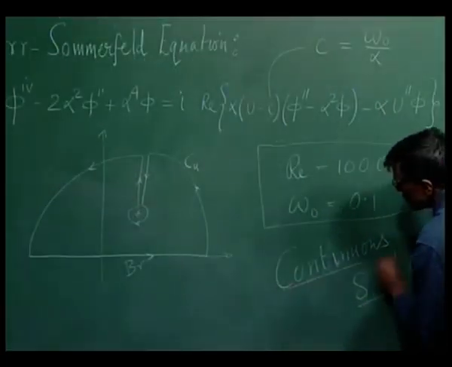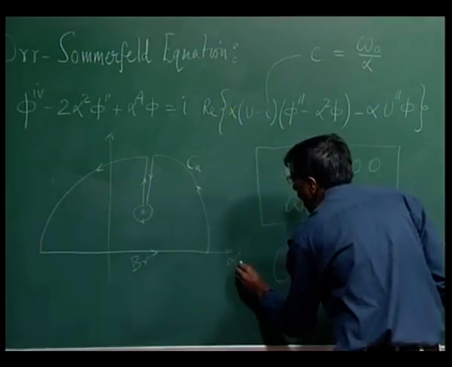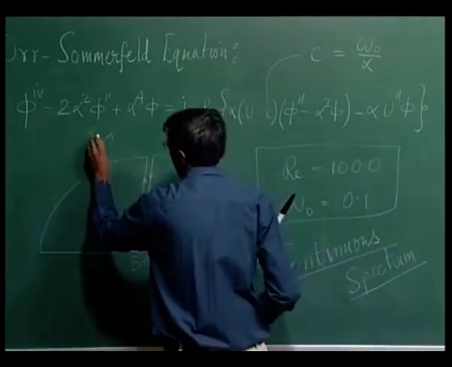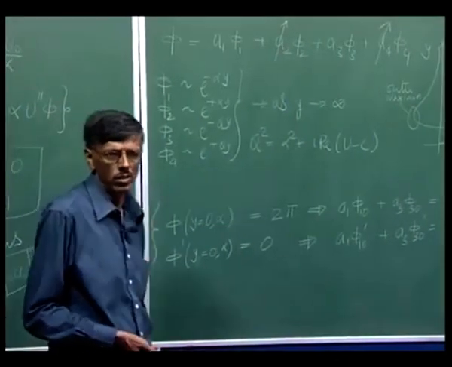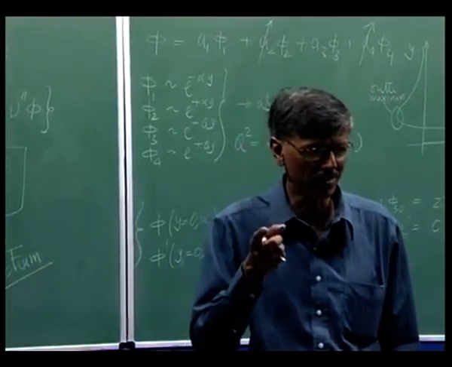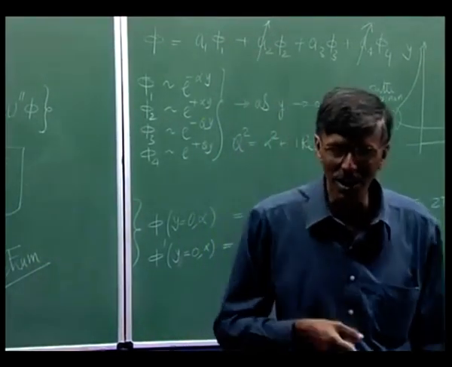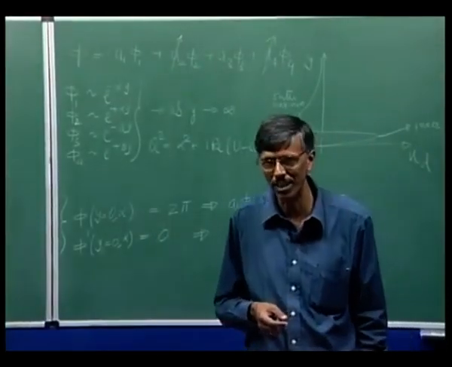a continuous spectrum. Where would this continuous spectrum be? Well, for example, if I am plotting in the alpha r, alpha I plane, you see all these concepts hold good if we are not along the imaginary axis. If we are along the imaginary axis, then can we say A2 and A4 go to 0? We cannot say that.